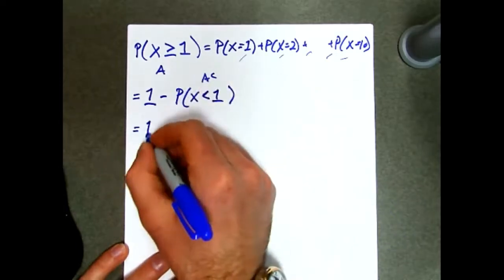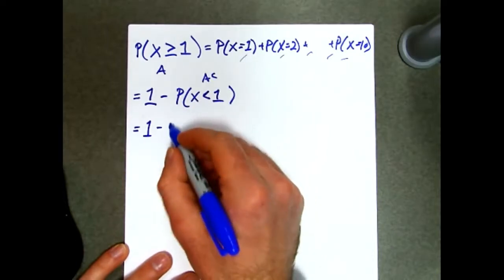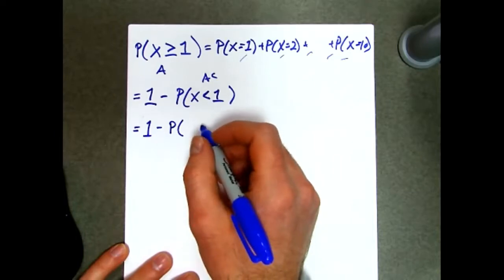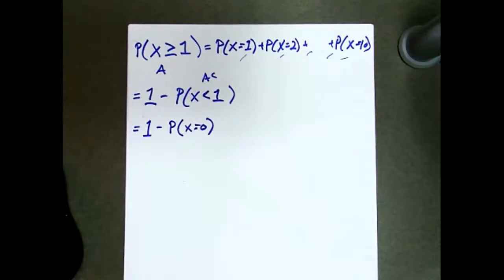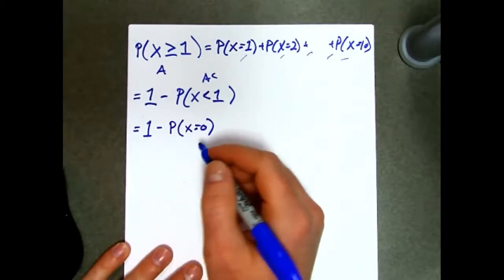Now, we have a discrete variable. So what's the only outcome that fits this criteria? There's only one of them, okay? So now I just have to find the probability that X is equal to 0.